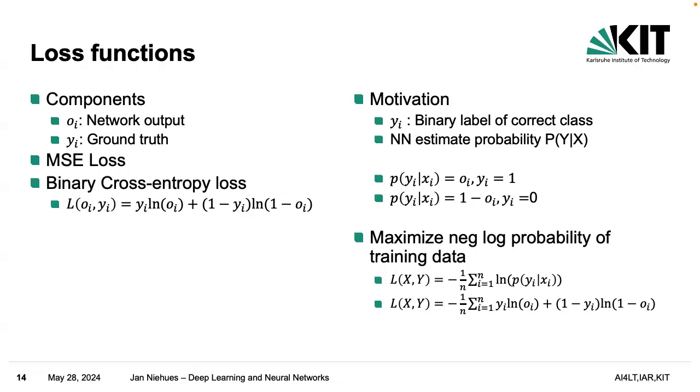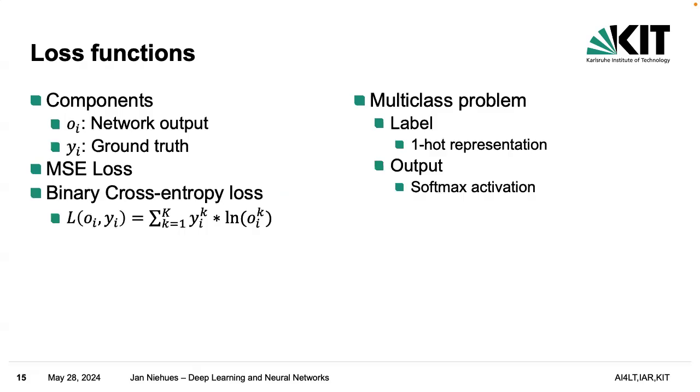This is the typical way of doing it in binary classification problems, where you have one neuron at the top for your output class, and this is either 0 or 1.